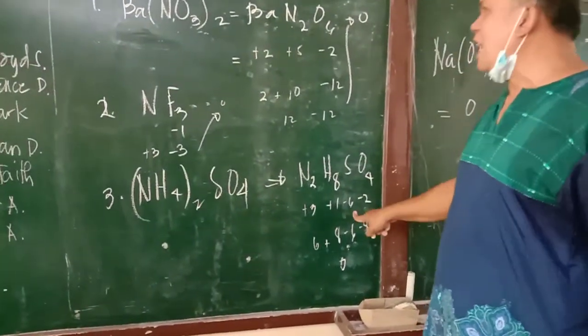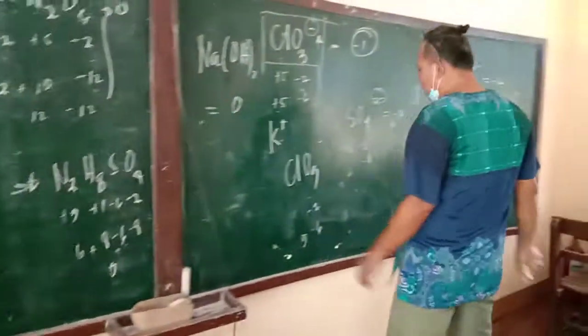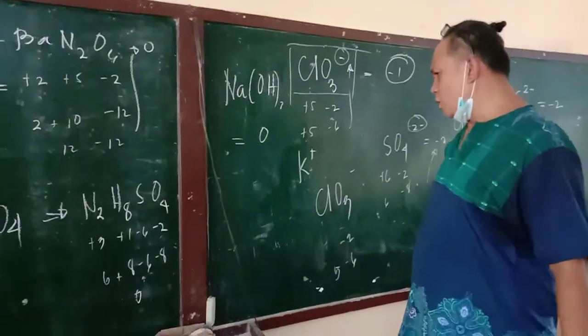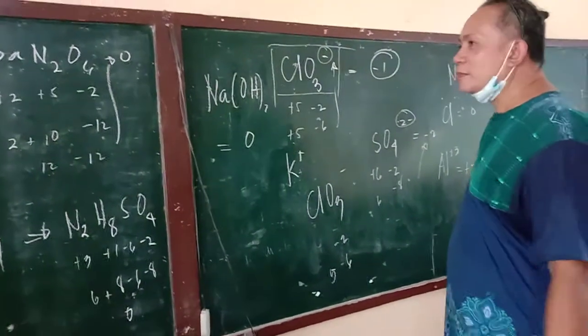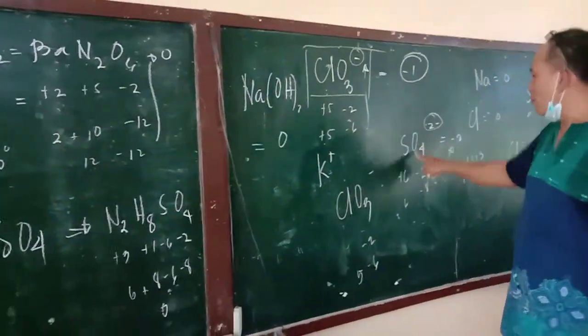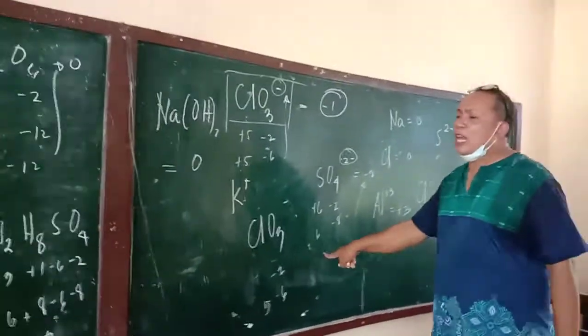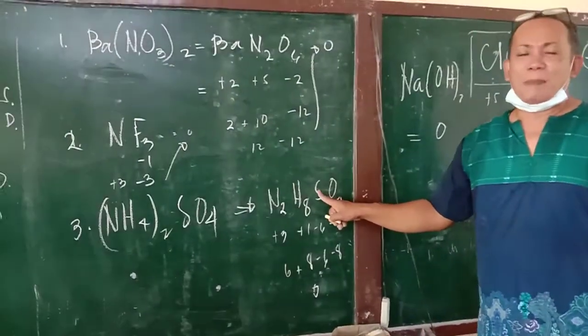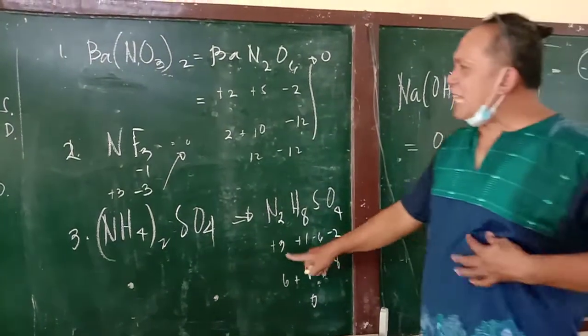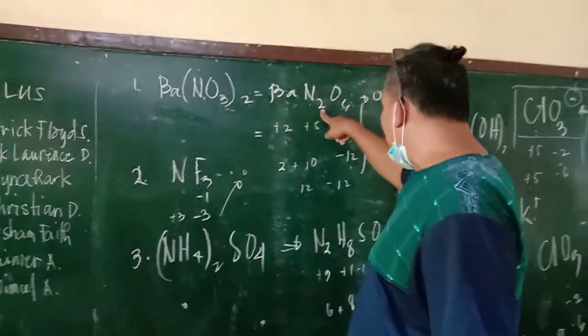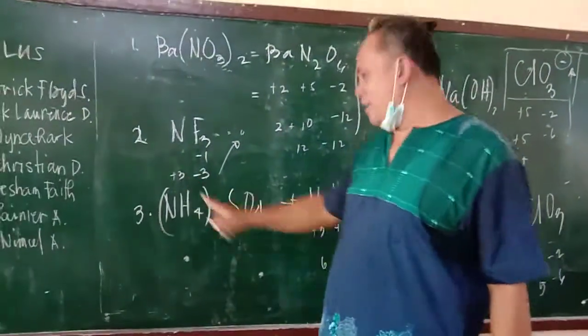Kaya di ba based on the rule depende kung asa siya. Lalo na kanang nitrogen na positive 5 o positive 3 based on this given example.